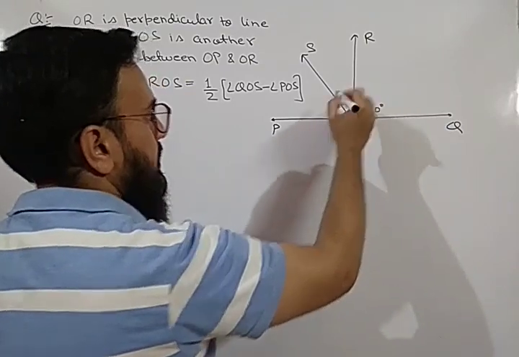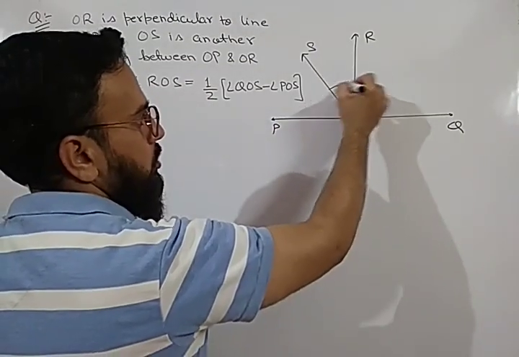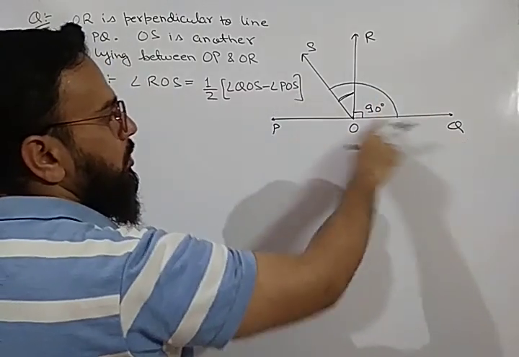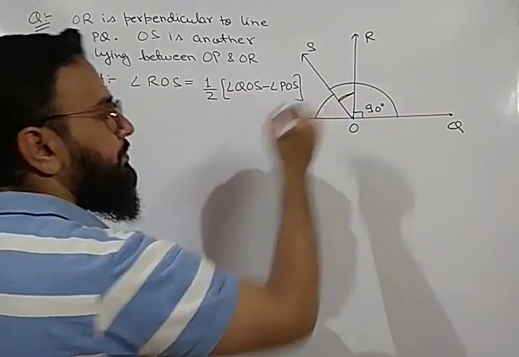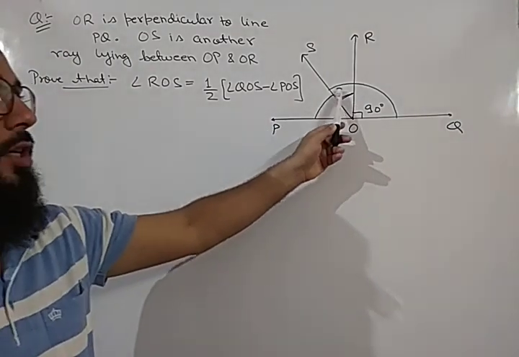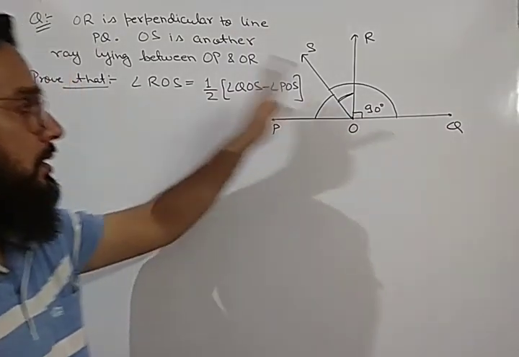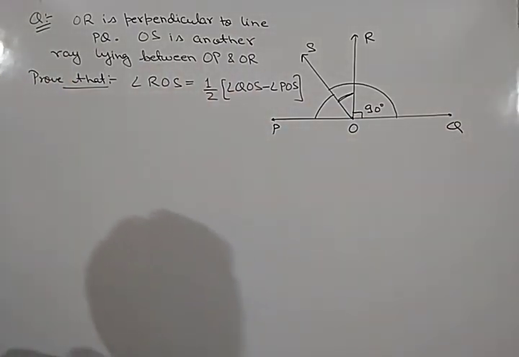Angle ROS is equal to half of angle QOS, meaning this total angle, minus POS, meaning this angle. So we have to prove that angle ROS, this angle, is equal to half of this minus this. First note down the question, then we are going to prove it.